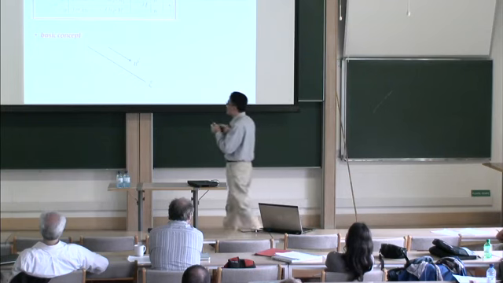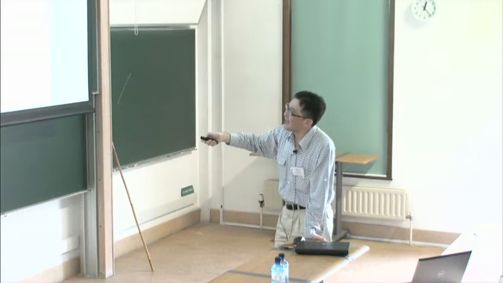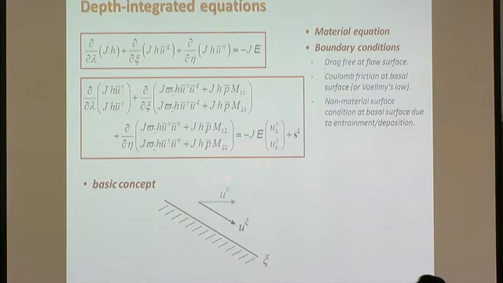I just repeat this idea. The basic concept is that normally we compute the average tangential velocity, but in our formulation we compute its X component. Why do we do this?